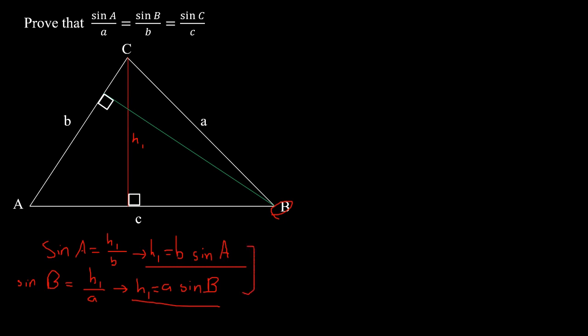So we also know that b sine A is going to be equal to a sine B. And we can divide both sides by little b and little a to get that sine A over little a is going to be equal to sine B over little b. So what about the sine C over little c part?